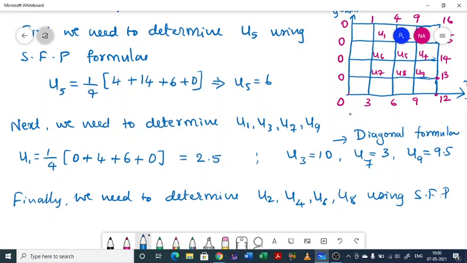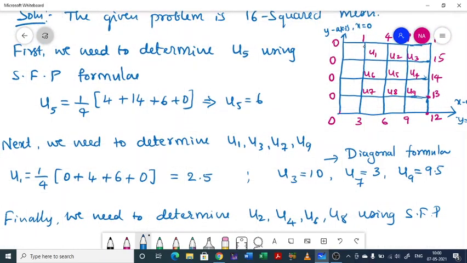So u2 will be the average of 4 plus u1, which is 2.5, plus u5, that is 6, plus u3, that is 10.